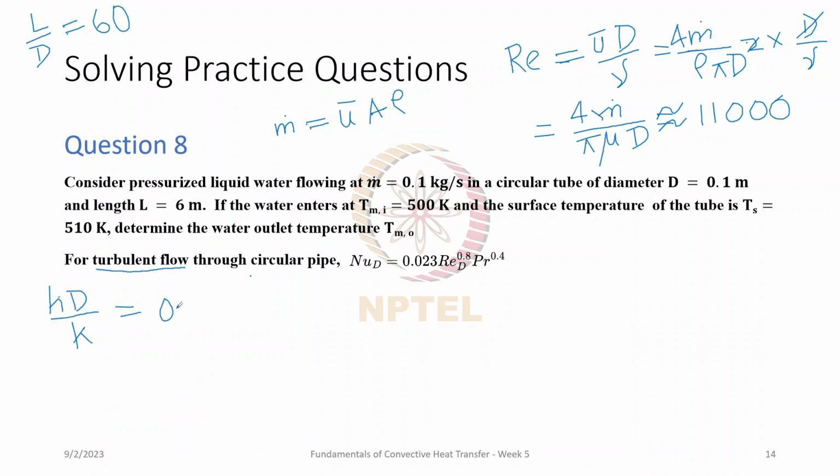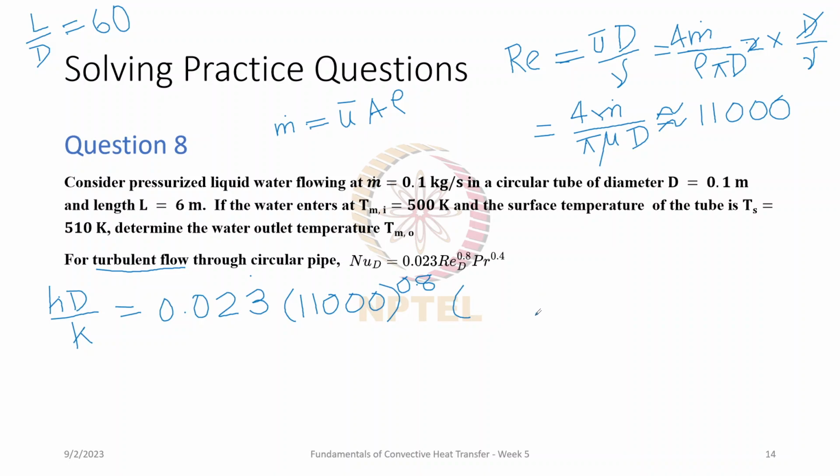So this is 0.023 into Reynolds number, 11000, to the power 0.8, into Prandtl number.